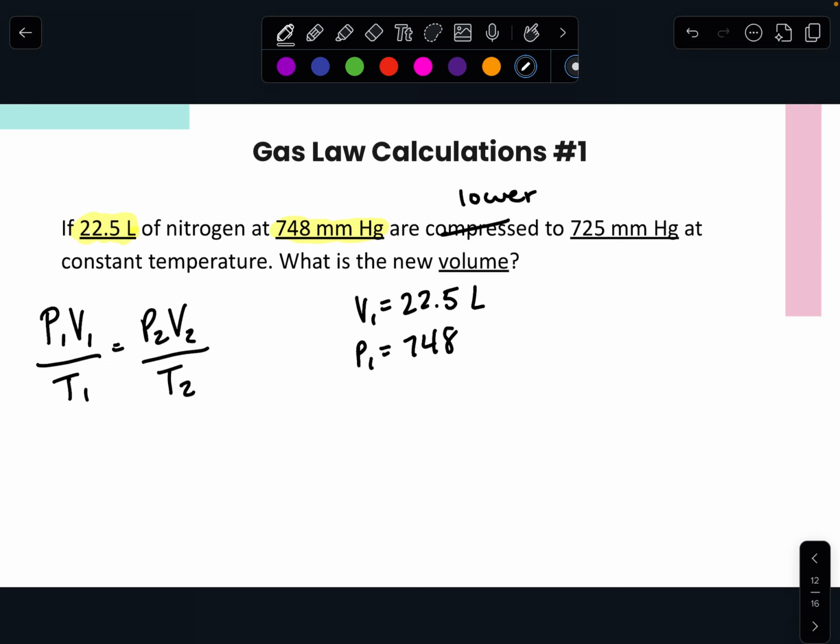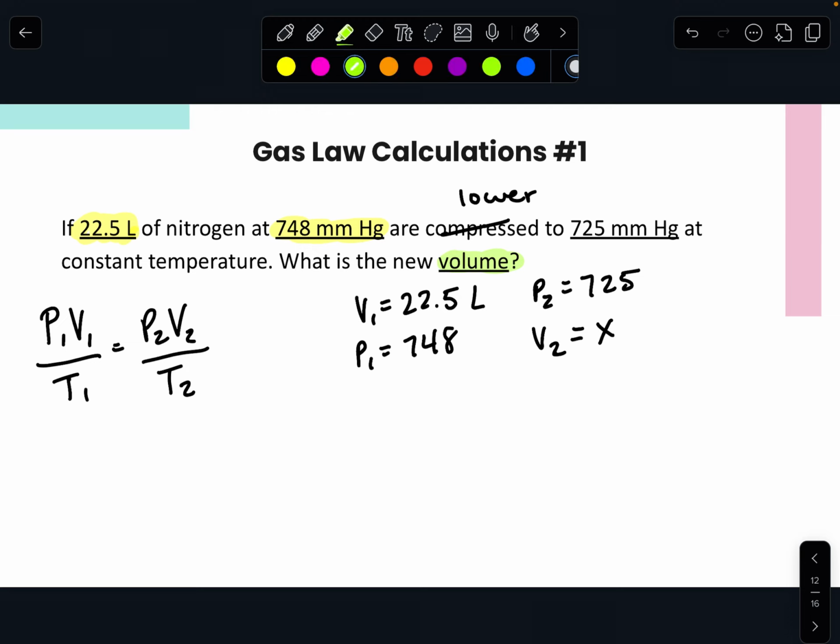This is the second time, though, I'm given pressure, so I'm going to write it as P2. So 725. And then it's asking me, what is the new volume? So I don't know that second measurement. So the V2, that's going to be like my X value. That's what I'm going to be solving for.